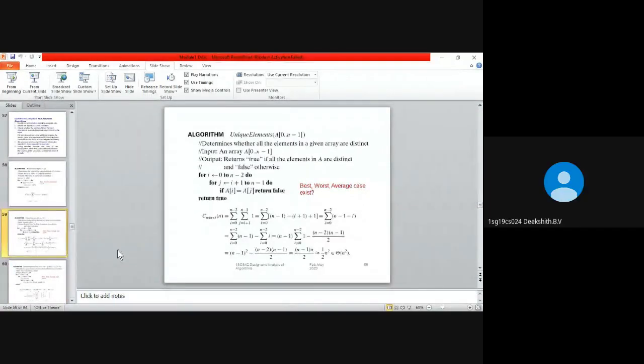Sir, initially we will take i, and for updating the value of j for the second for loop, what is the code, sir, for that?